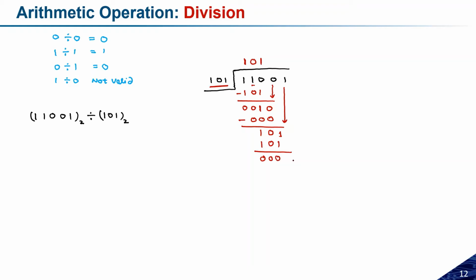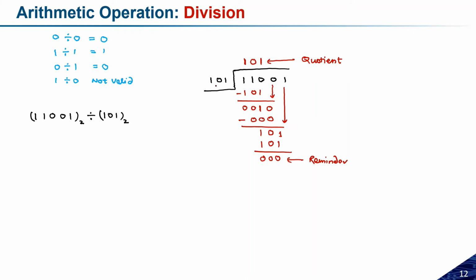So here the remainder is 0 0 0. This is the quotient, and this is the dividend and the divisor. This is how we perform the division operation.